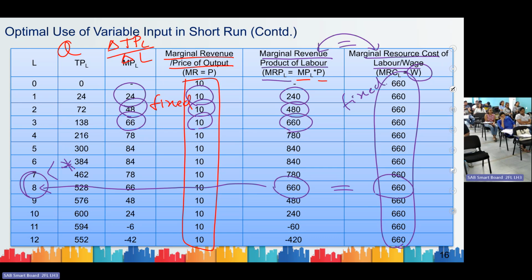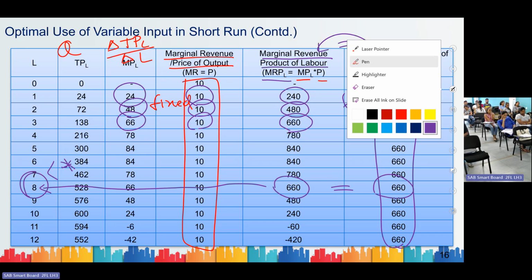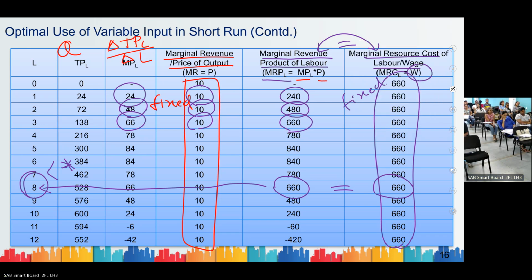So in the examination, if you are given some basic details, and if you are asked to calculate optimum level of labor in the short run for this firm, you should be able to do a similar thing like this. Okay. So usually in the examination, you will be given these values. Given L will be given, TPL will be given, price of output will be given.